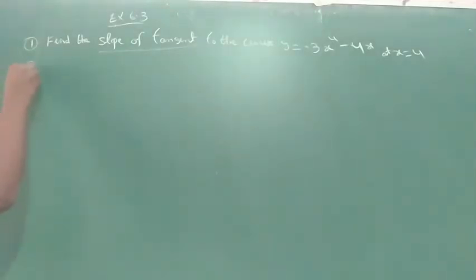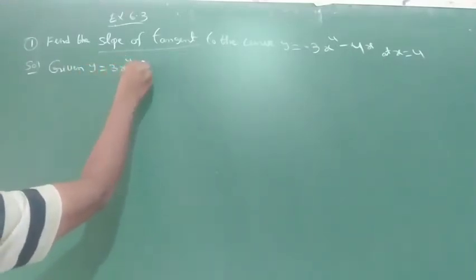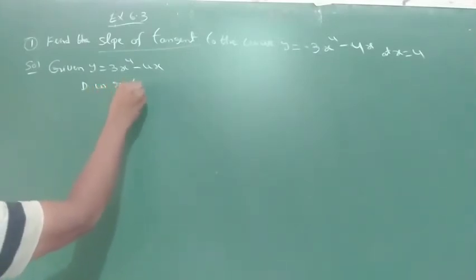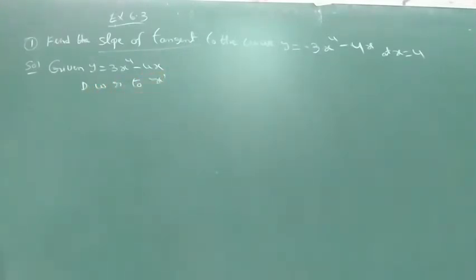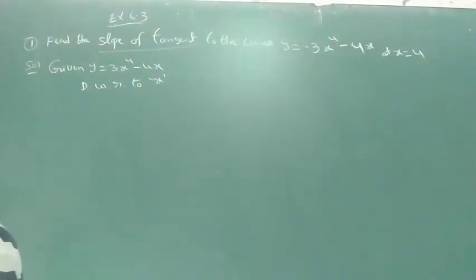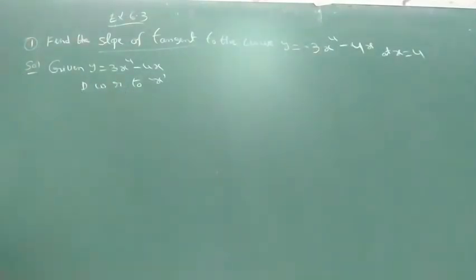So, solution: given y is equal to 3x power 4 minus 4x. Differentiate with respect to x. Application of derivative, integration, each and every topic depends on the derivative. Without derivative there is no chapter, there is no value.